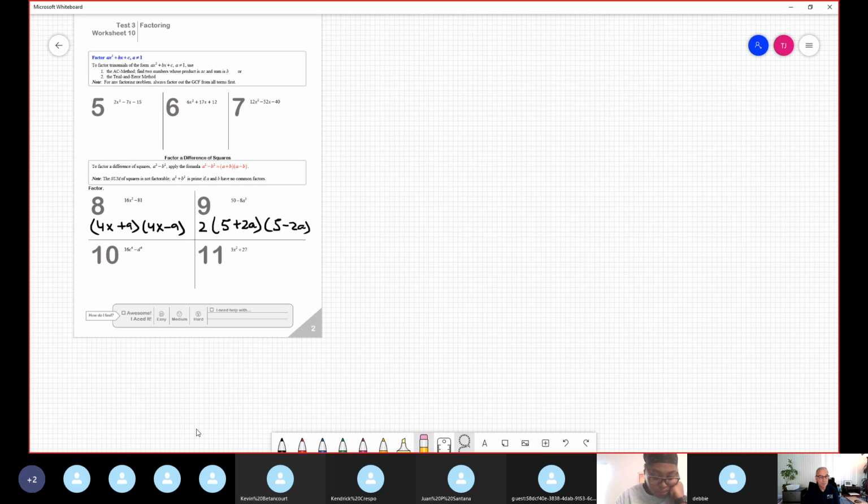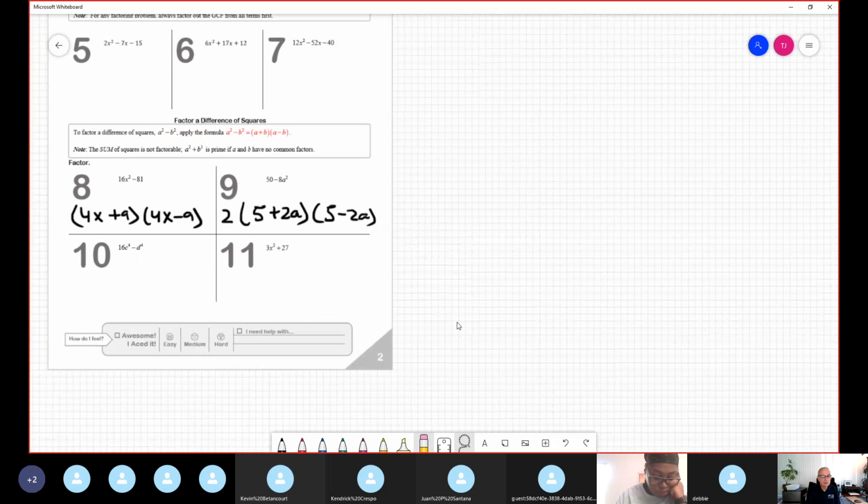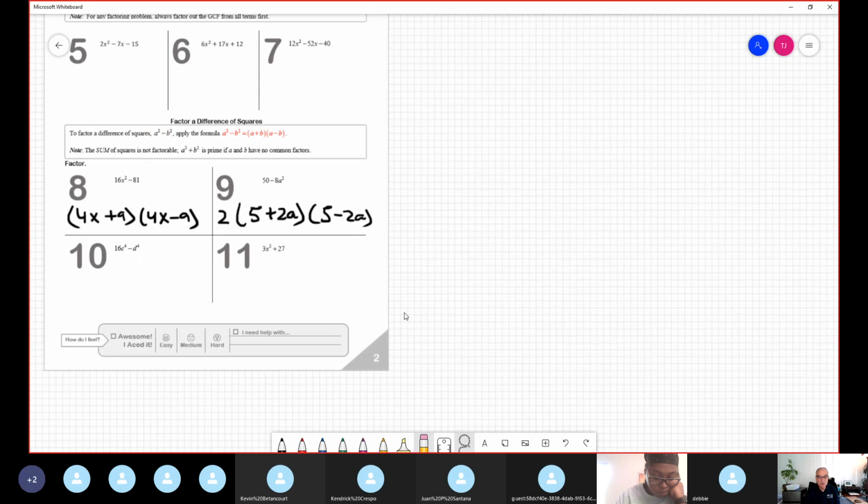Okay. Now let's move on to number 10. Number 10, I suppose, is easier, because number 10 is 16c to the fourth minus d to the fourth. This is a classical difference of a square, not only when the exponent is 2, but when the exponent in general is even: 2, 4, 6.